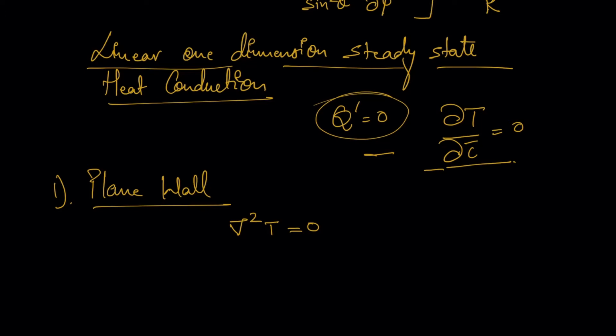Okay, so this was the equation when we consider q dot equals 0 and del T by del tau equals 0. So let's consider a wall. Let's draw an axis first. This is the temperature axis and this is the x-axis.